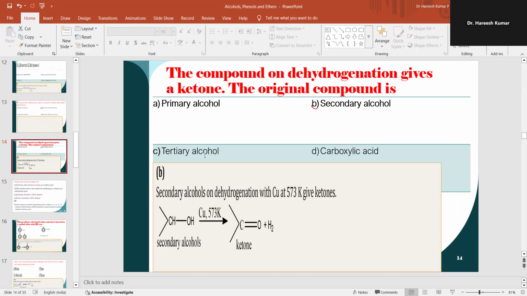Tertiary alcohol does not give you the oxidation, dehydrogenation itself. Similarly, carboxylic acid does not give you the dehydrogenation at all. So the right answer is secondary alcohol. That means one hydrogen from here, one hydrogen from here, removal of H2. It's possible in the presence of a catalyst.